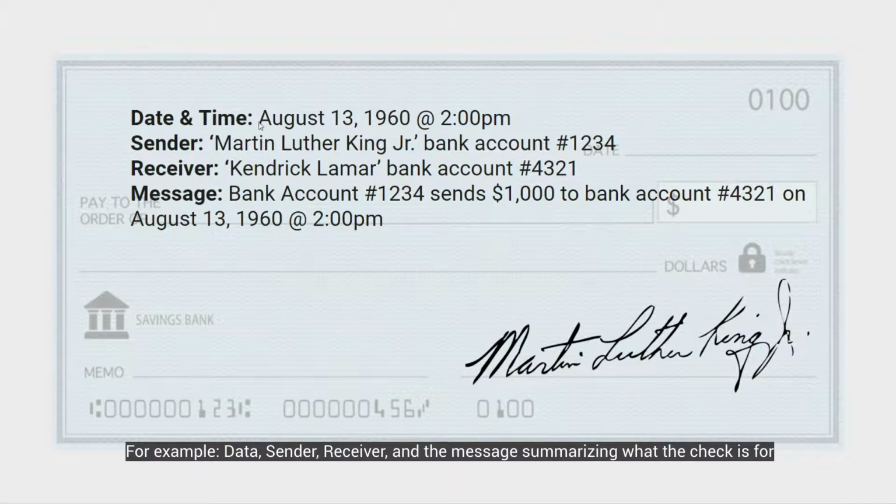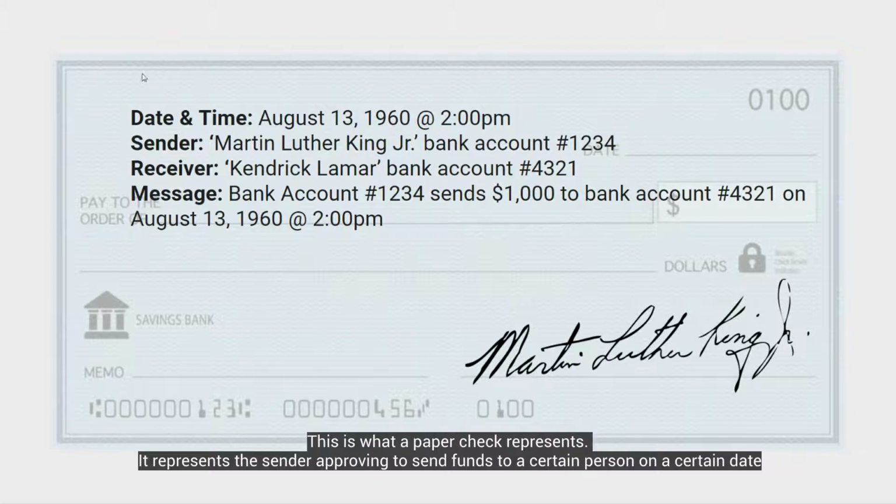For example, date and sender, Martin Luther King Jr.'s bank account, number 1234, receiver Kendrick Lamar's bank account, number 4321, and the message being bank account number 1234 sends $1,000 to bank account number 4321 on this date and time. Signed by Martin Luther King Jr. himself.